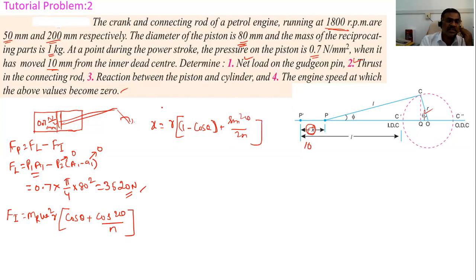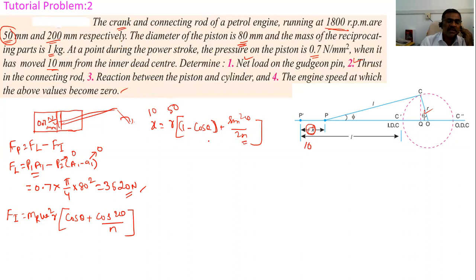Here x is equal to 10, and R is the crank radius, 50 millimeters. So R is equal to 50.